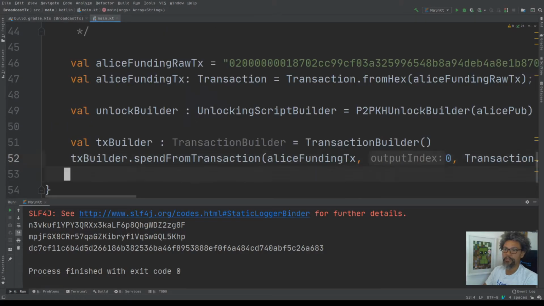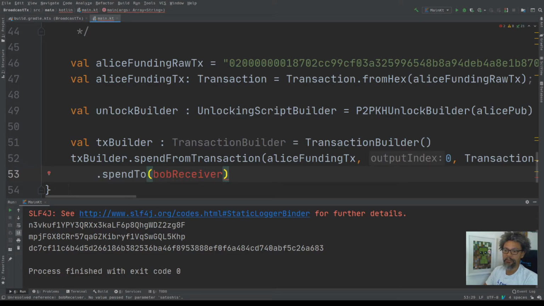So TX builder, we're basically spending from there. That returns another instance of TX builder, so we can just keep appending this. And we then want to say we want to spend to, receiving to, I'm going to say to Bob receiver.